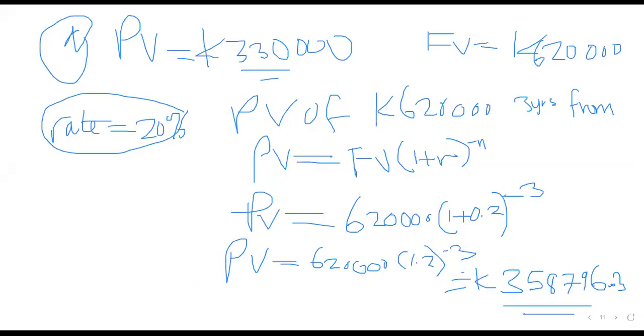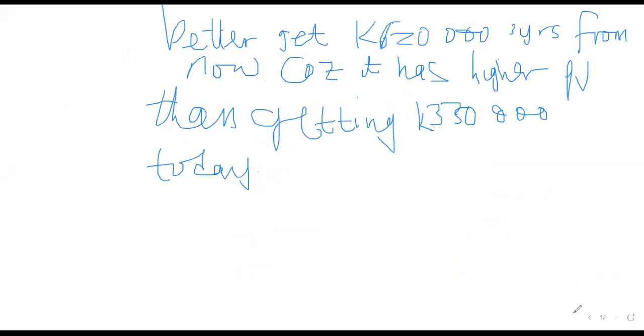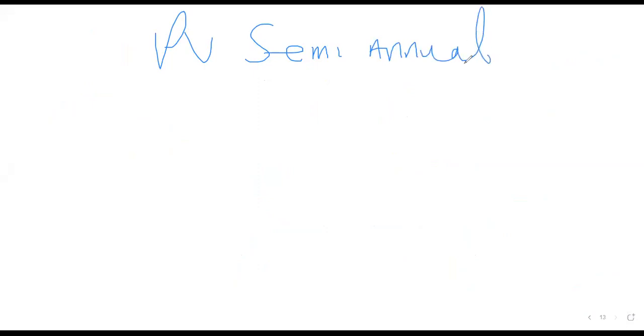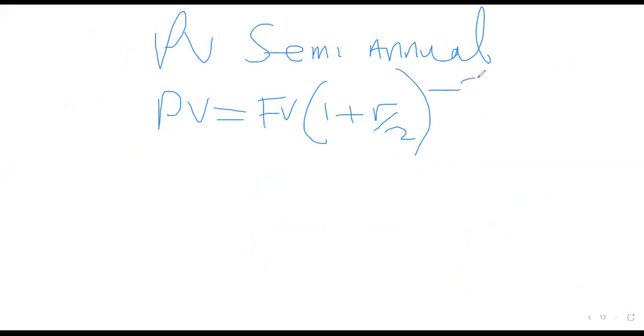So even if it was compounded semi-annually, we know that present value for semi-annual compounding is equal to future value times 1 plus R divided by 2, to the power negative 2n.